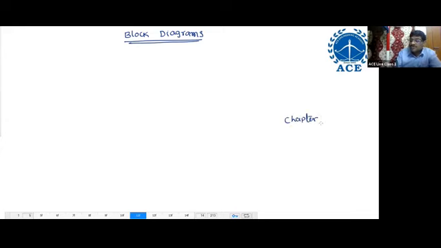First read the notes. Completely keep the notes in your mind to be perfect. Then solve volume 1 questions, volume 2 questions and previous GATE questions. GATE or IES, whatever it is, if you have IES questions also solve. Solve all the questions related to chapter 1, and you will automatically become perfect.